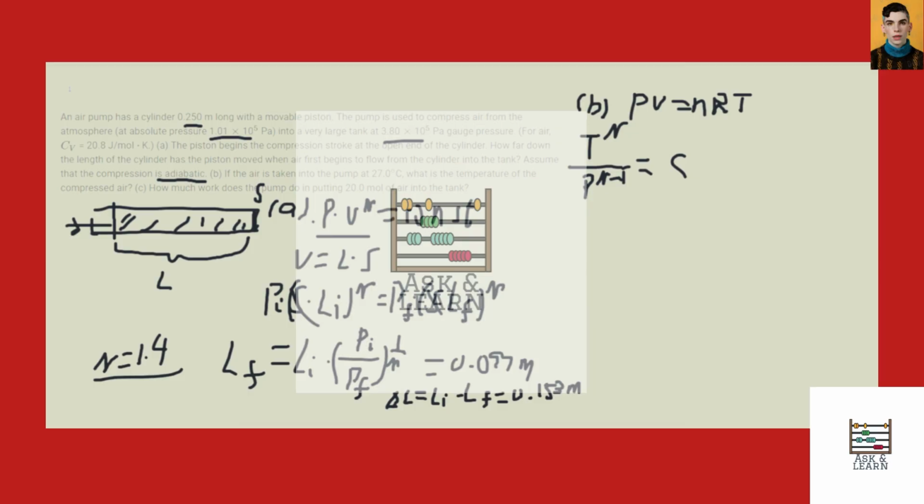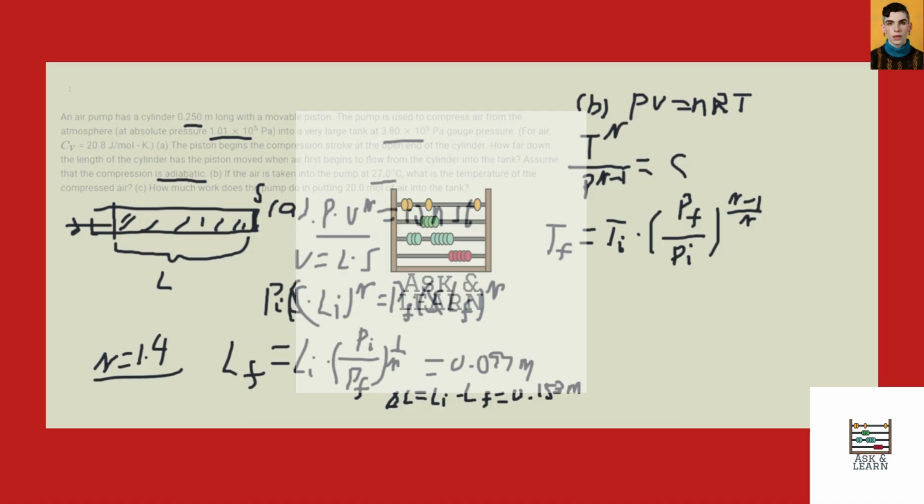So we have T final equal to T initial times P final over P initial to the power gamma minus 1 over gamma. So you just plug in the numbers.